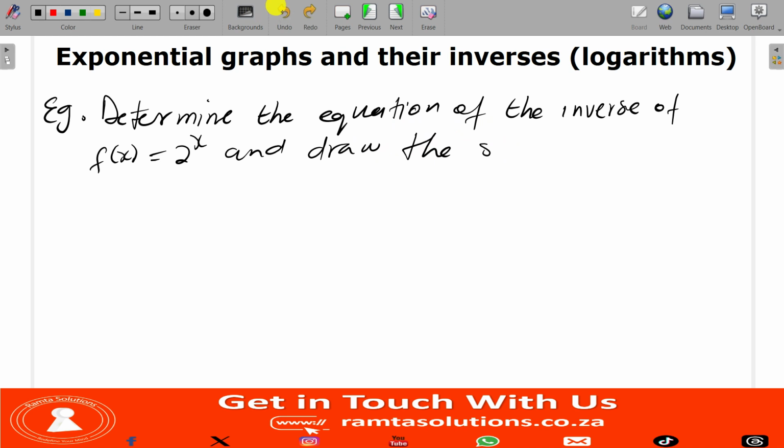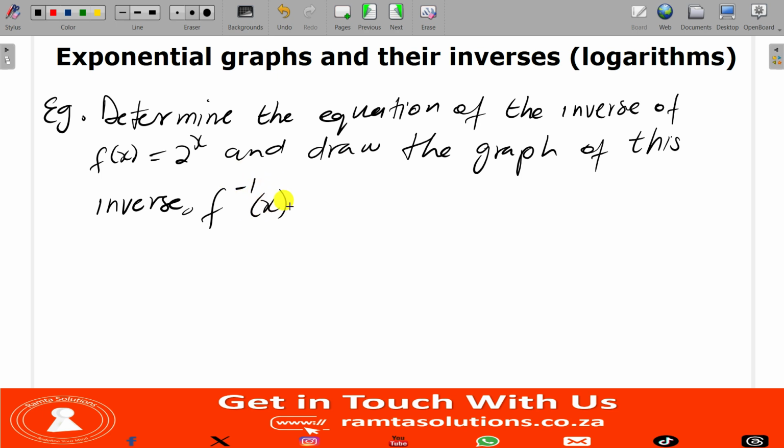What is this? To sketch is to draw, and draw the graph of this inverse, f to the minus 1 of x. Okay. All right. So our solution, let's begin.